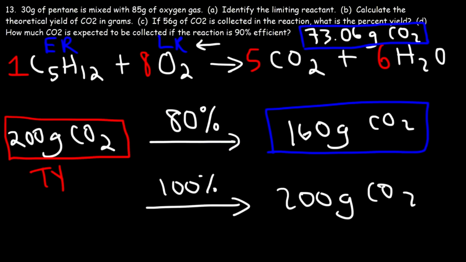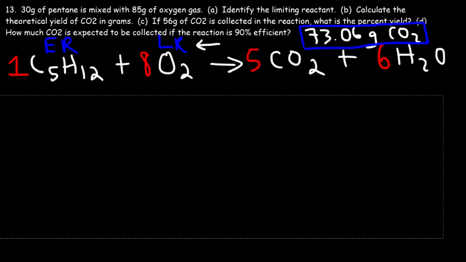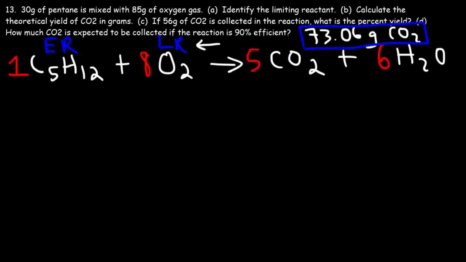So knowing that, let's answer the last part of this question. How much CO2 is expected to be collected if the reaction is 90% efficient? So we have the theoretical yield. It's 73.06 grams of CO2.